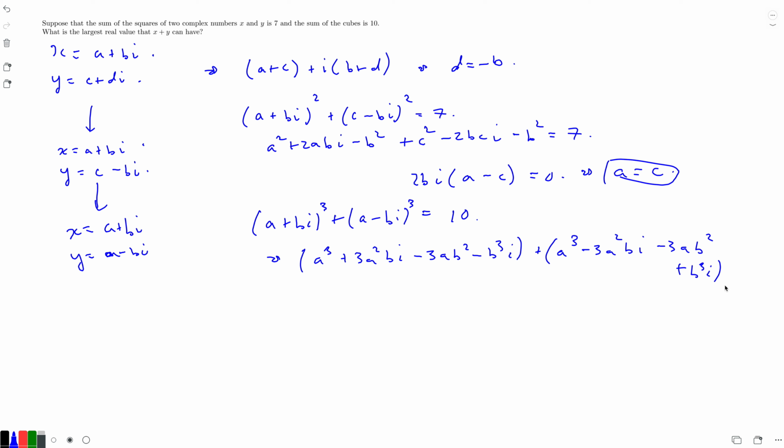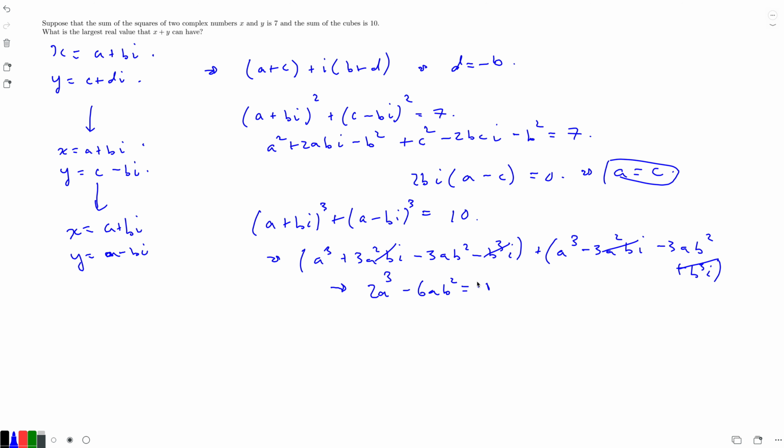Then the stuff cancels, as I said. The second and fourth terms will cancel out, so we're left with 2a cubed minus 6ab squared.